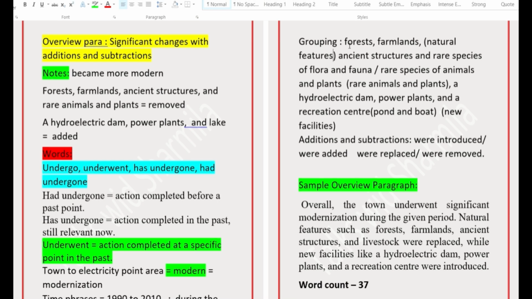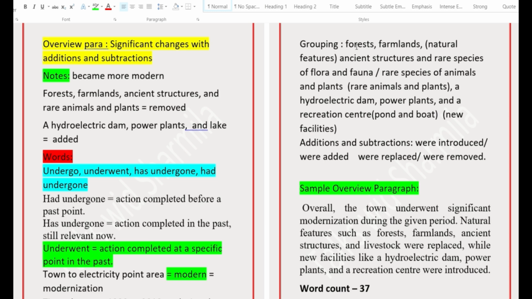We have the words like forest and farmlands. If you're getting confused, then take a snap of the question and keep it parallel to your class here. The words forest and farmlands are written as natural features. Ancient structures are like that, and then it is the rare species of flora and fauna, or the rare species of animals and plants, which we will be using for rare animals and plants.